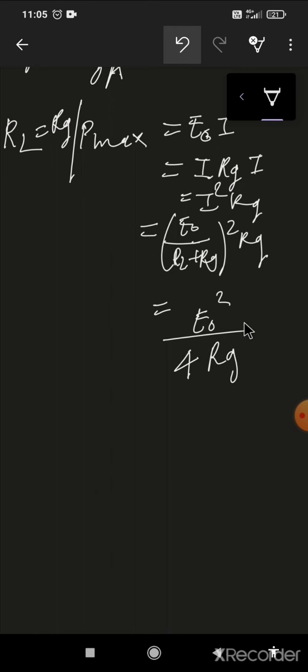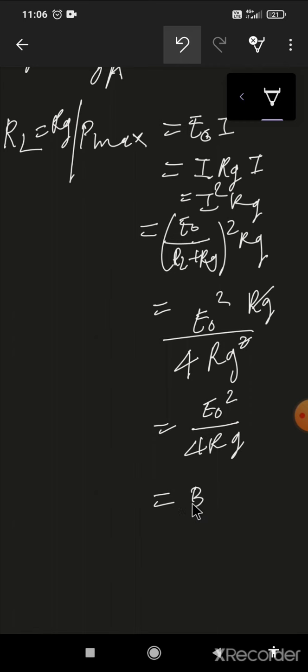Here there is Rg square and here is Rg, so they get cancelled, and we are left with E0 square upon 4 Rg. Let's put the value of E0, that is BUD. So it will be B square U square D square upon 4 Rg.